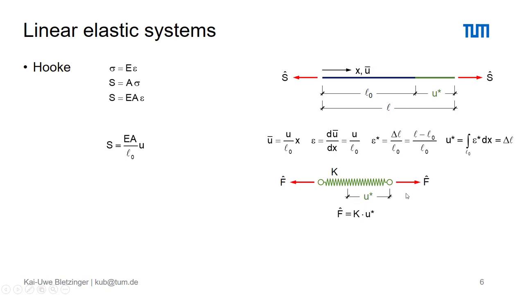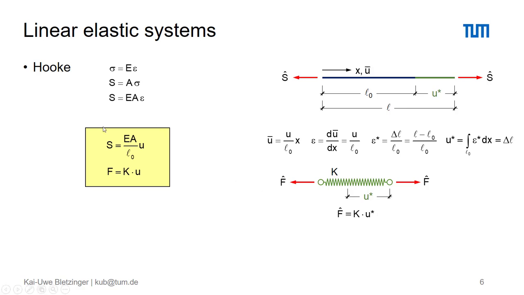Again, if we further pull towards the intended force F hat, by which we would like to load our spring or our structure, we have this straightforward relation between the applied external force F hat in the final stage and the final elongation, the final displacement U star.